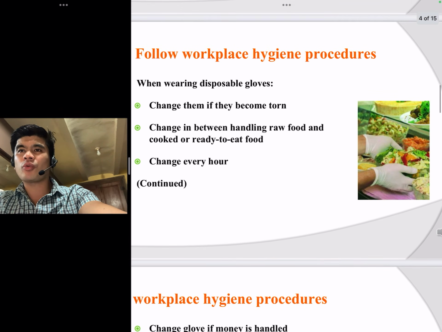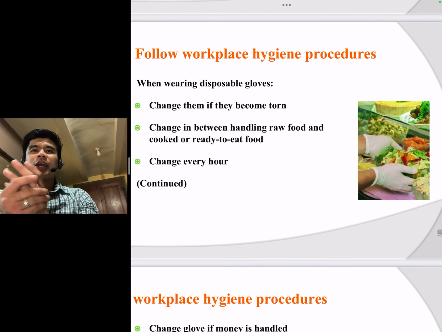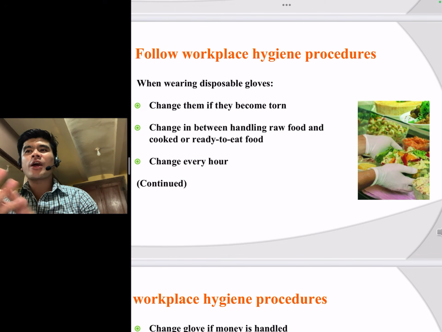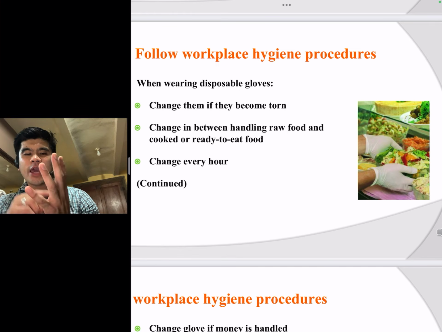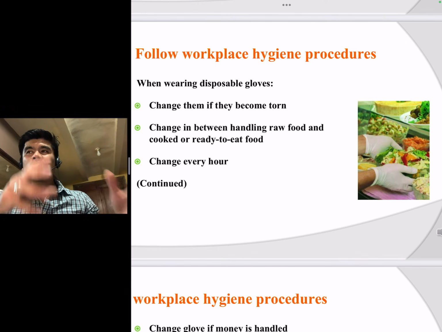That's very straightforward. Another hygiene procedure: when wearing disposable gloves, change them if they become torn. So you change the gloves whenever they are worn out, whenever there are visible holes on them. And you change your gloves when handling from one food to another.